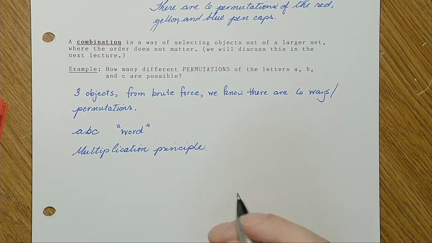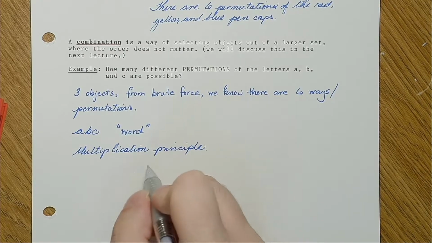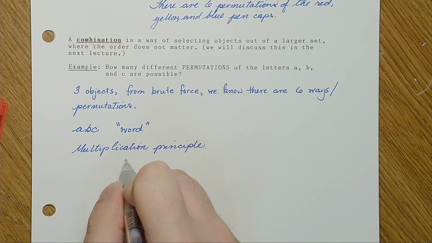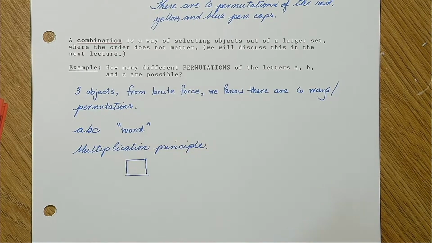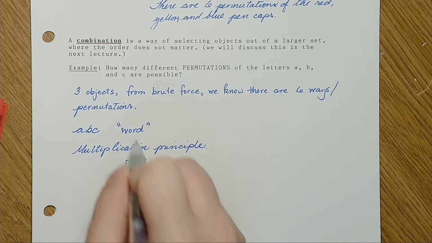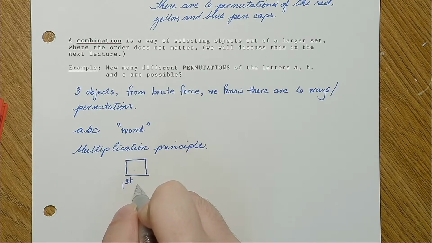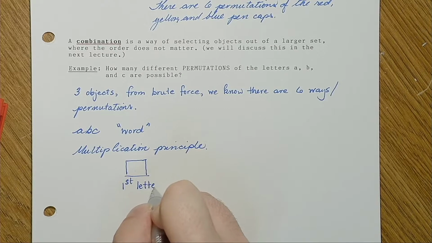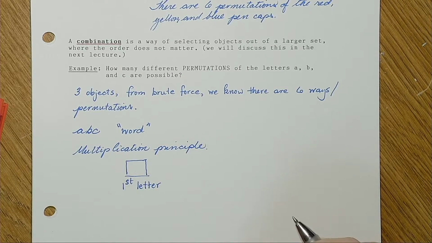We can think of this as boxes. In the first box, this would be the first letter of that word. And in the chat, how many choices do I have for the first letter then?